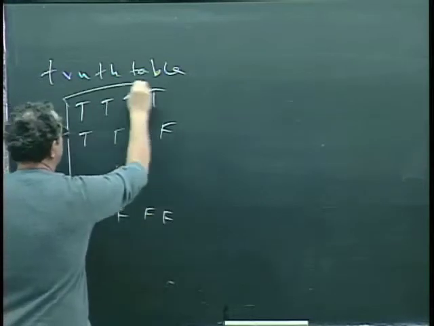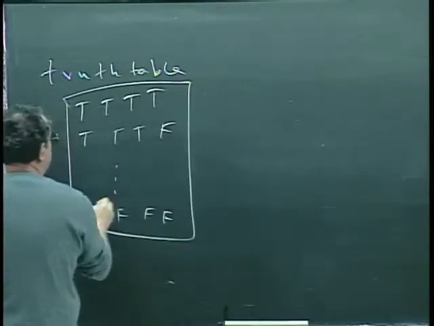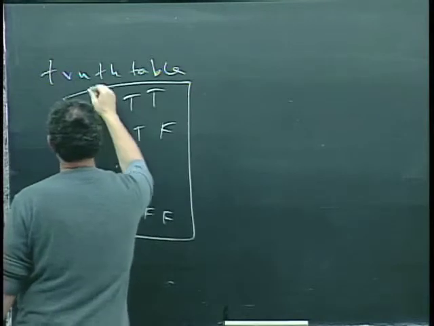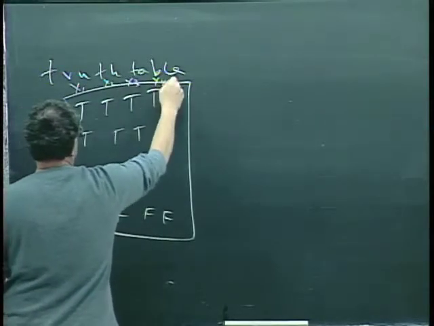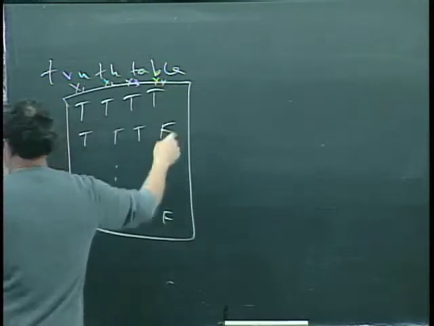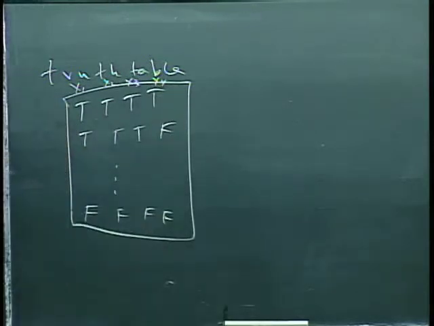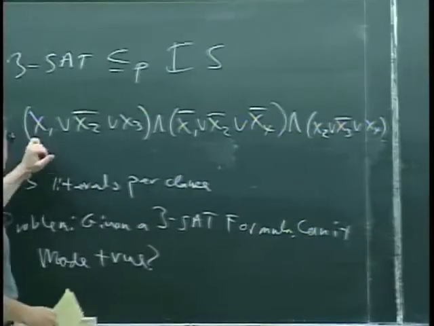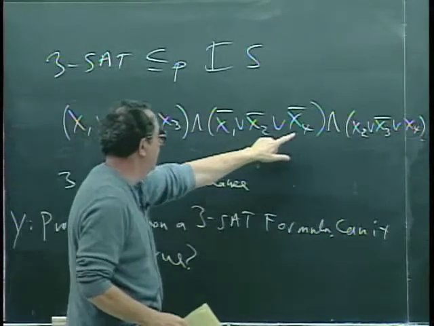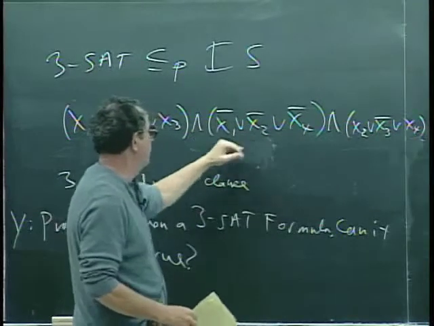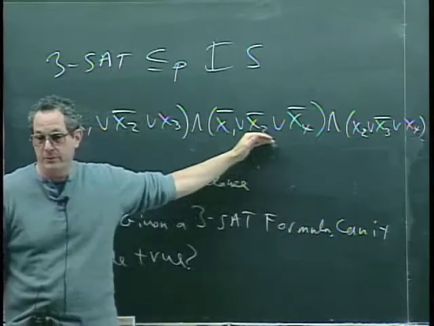For each one of these, with columns x1, x2, x3, x4, we could evaluate whether it satisfies the formula or not. Actually, here we wouldn't be satisfying this clause if we made all the variables true.